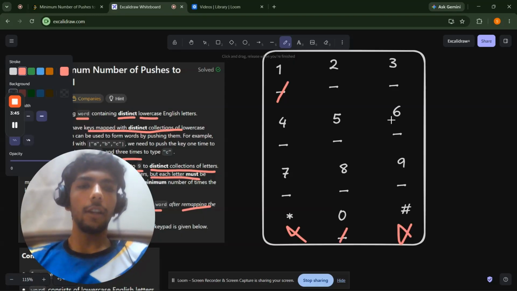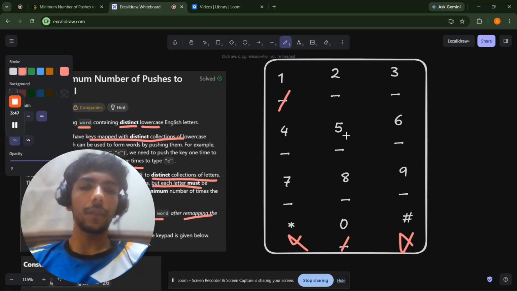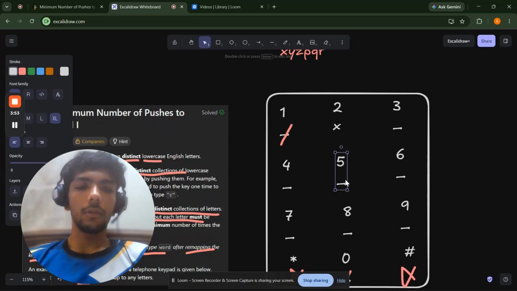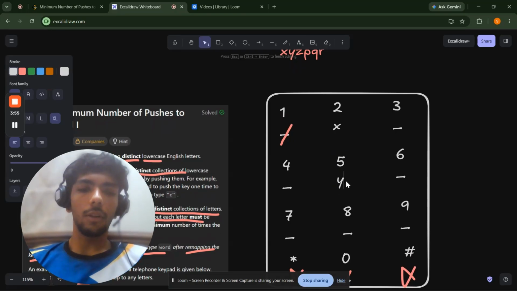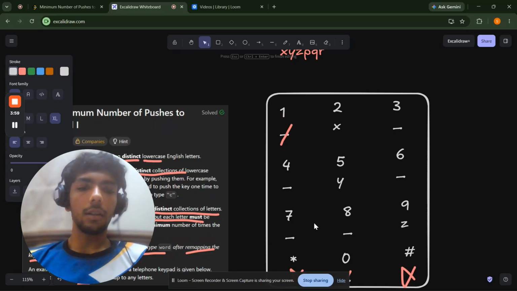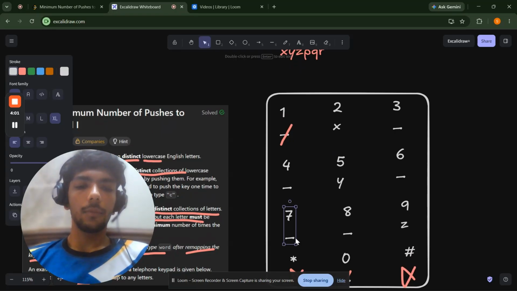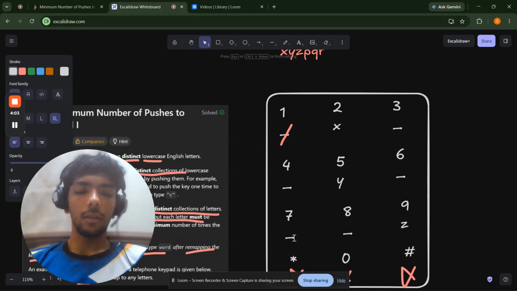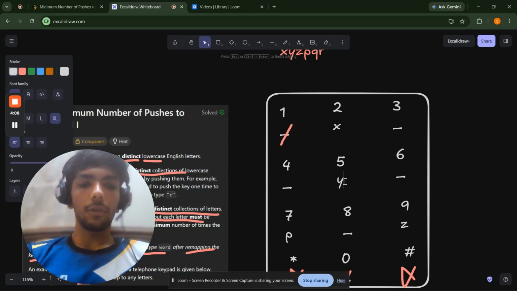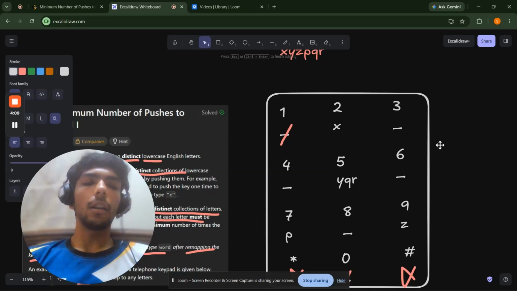We have only 8 options, from 2 to 9. X, Y, Z, P, Q, R. Okay. I'll give X over here. I'll give Y over here. Z over here. P. I can give Q here and I'll give R here as well.